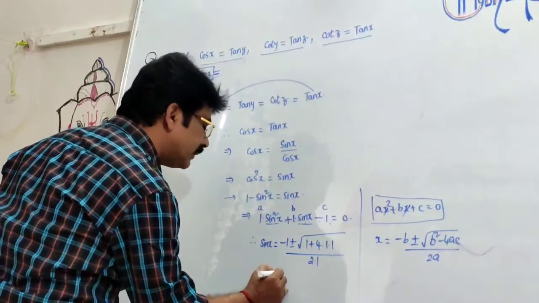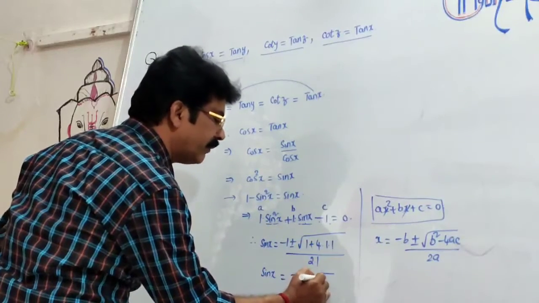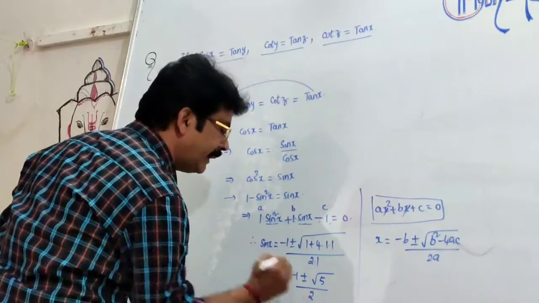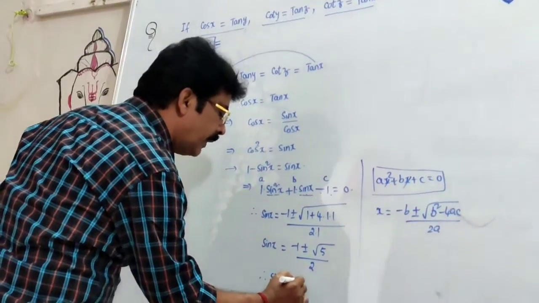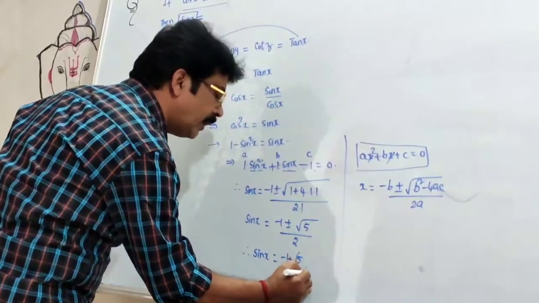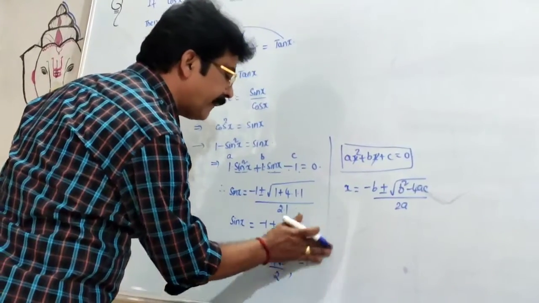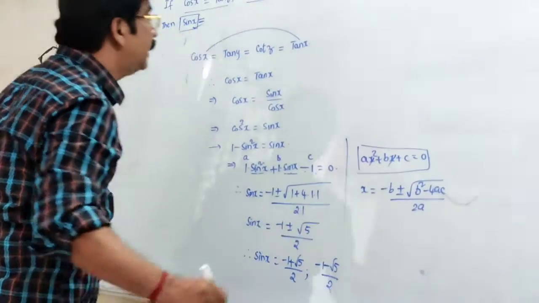Sin x equals minus 1 plus or minus root of 4 plus 1, that is root 5, divided by 2. So sin x is equal to minus 1 plus root 5 whole divided by 2, or minus 1 minus root 5 whole divided by 2.